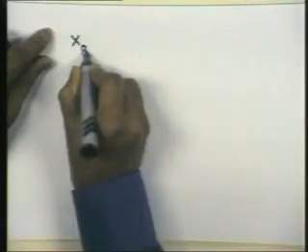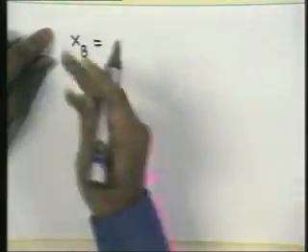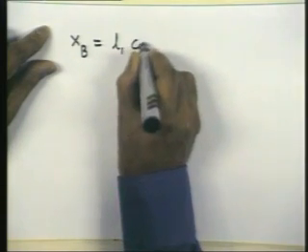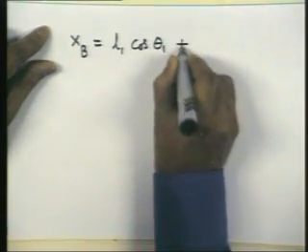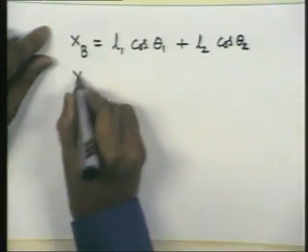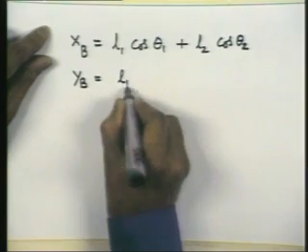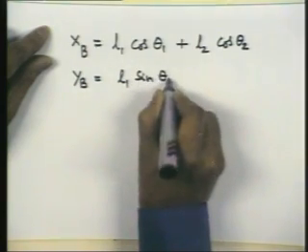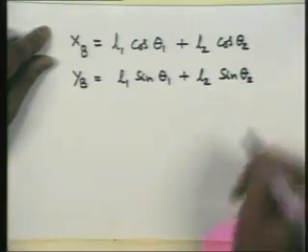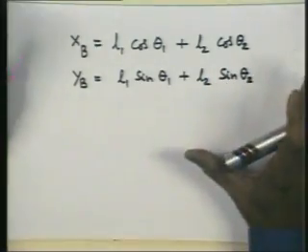For this particular example, you can write the x and y coordinates, which is reasonably straightforward through trigonometric relations. xb is L1 cos theta 1 plus L2 cos theta 2, and yb is L1 sin theta 1 plus L2 sin theta 2.